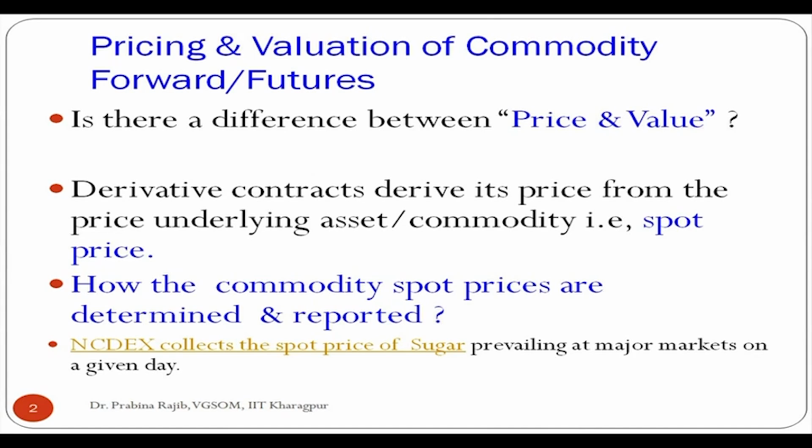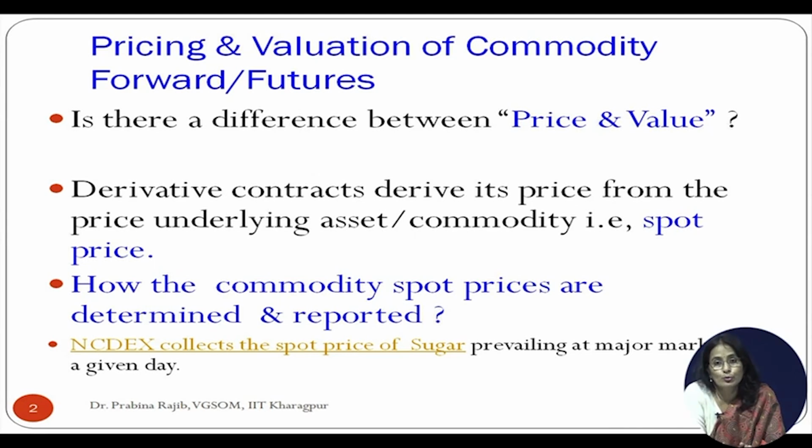So we must have information related to the spot price. So what is the spot price prevailing today? That is going to be one of the important parameters, or the most important parameter, for pricing our derivative contract.